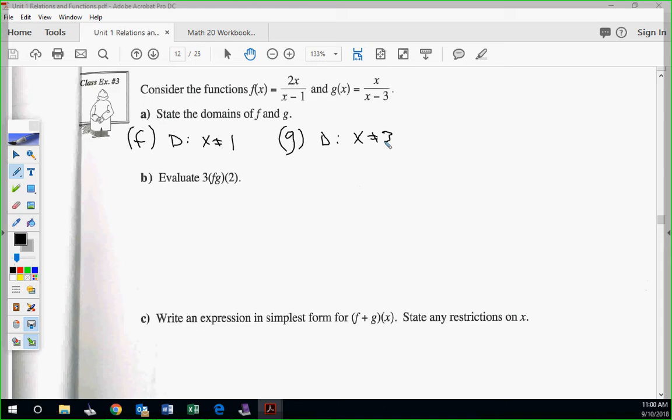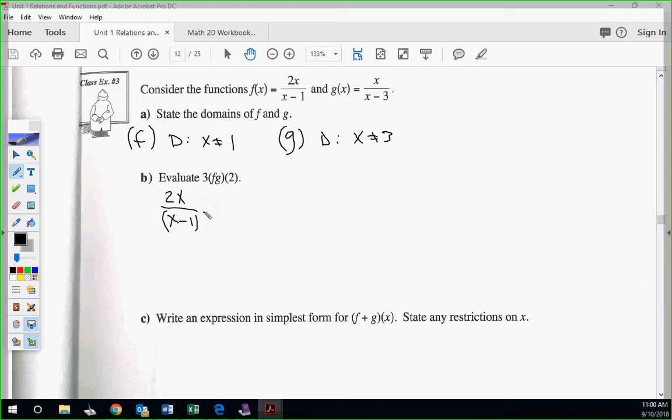Now we want to evaluate 3 times fg of 2. So we got to multiply f and g, put 2 in, and then multiply the whole thing by 3. Okay, so let's look at what that looks like. So we're doing f times g. Now, I suggest not foiling these. Just leave them at the bottom, so I'll show you what I mean.